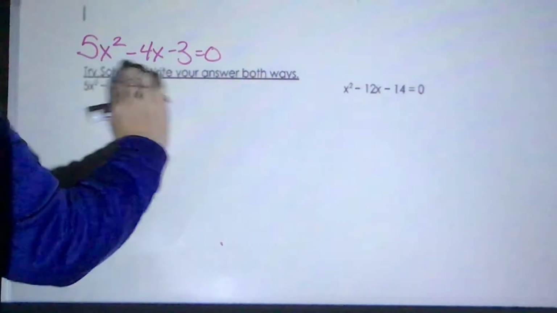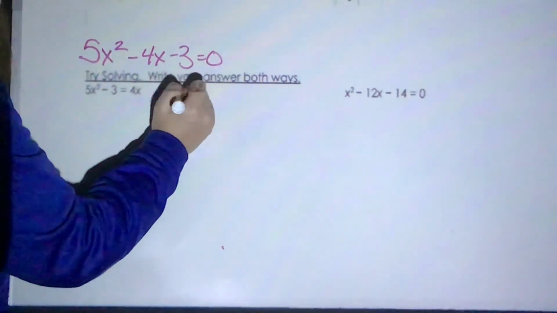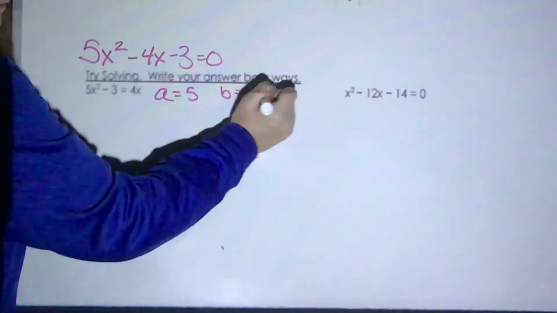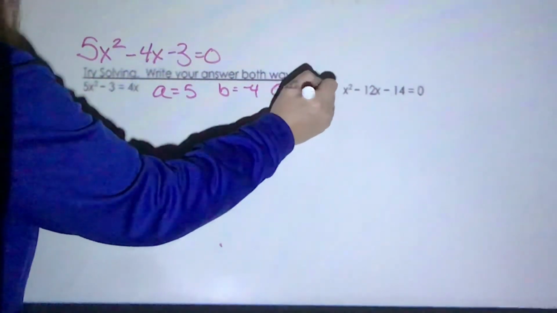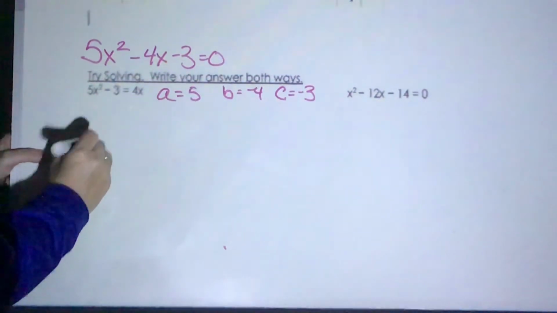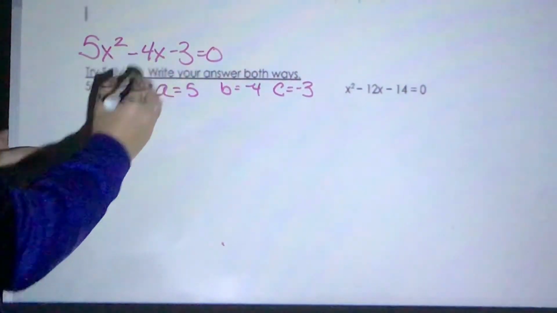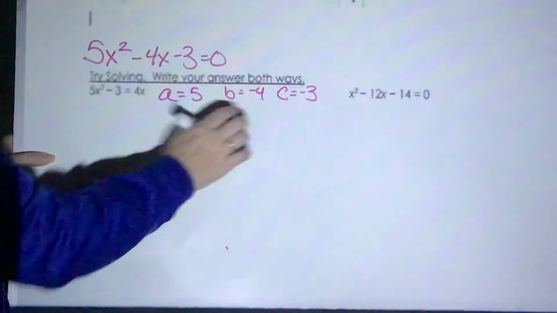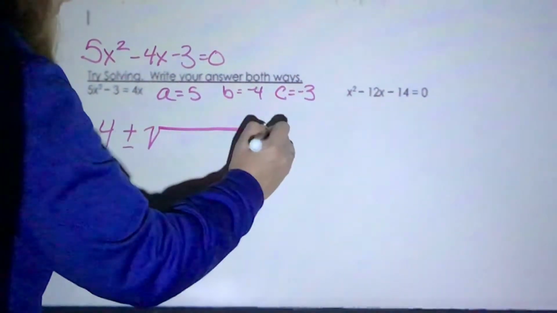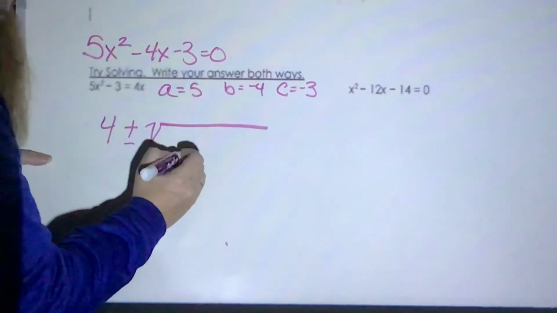Once I have it in standard form, I can figure out that my a is 5, my b equals negative 4, and my c equals negative 3. So now I'm going to do negative b, which would be the opposite of b, would be 4, plus or minus the square root of b squared.